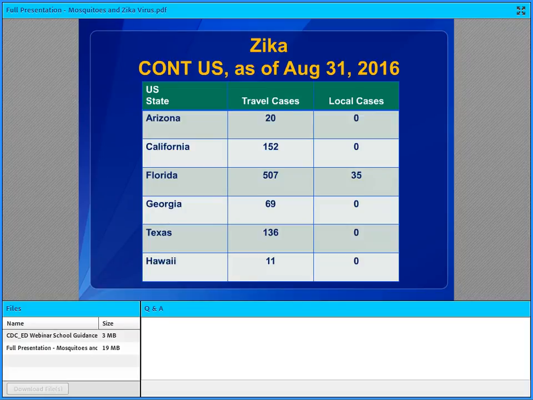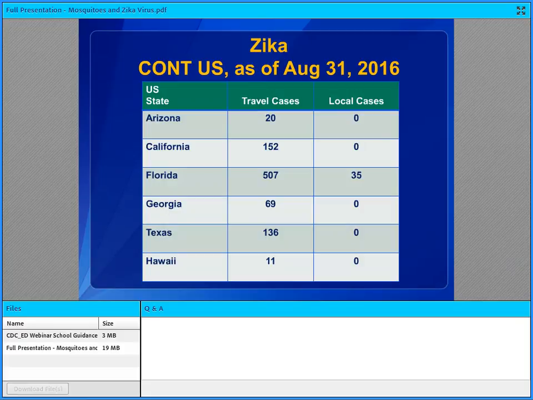So here in the U.S., as of August 31st, you can see all the travel-associated cases, and this is just a handful of the states. I didn't list them all. I listed some along the Gulf Coast and some with large urban centers, with large populations of people that also have historical populations of Aedes aegypti and or Aedes albopictus.